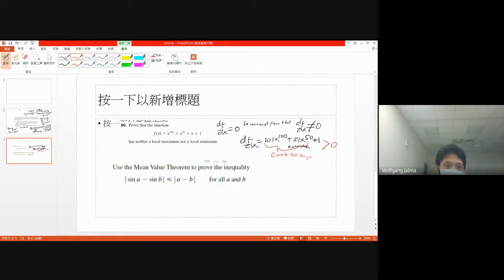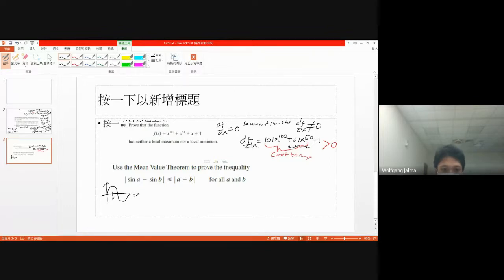Okay, now the mean value theorem. I think everybody remembers, right? Let's draw. This is sine. Sine 0 is 0, something like this.